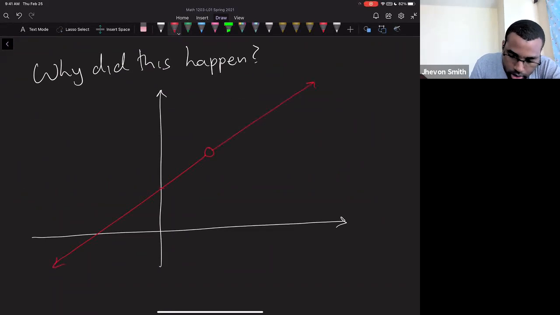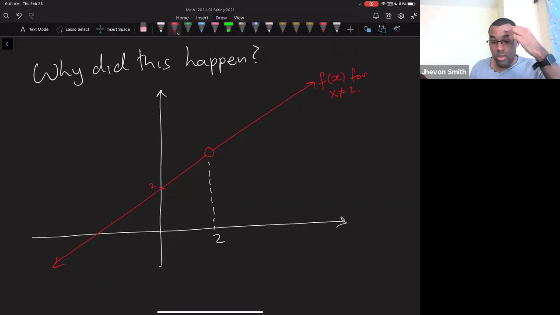It hits here at 2, and here, that's 2, right? So here, this is f of x for x not equal to 2. What is f of x when x equals 2? It was 0, right? Which means that there's a point filled in here.